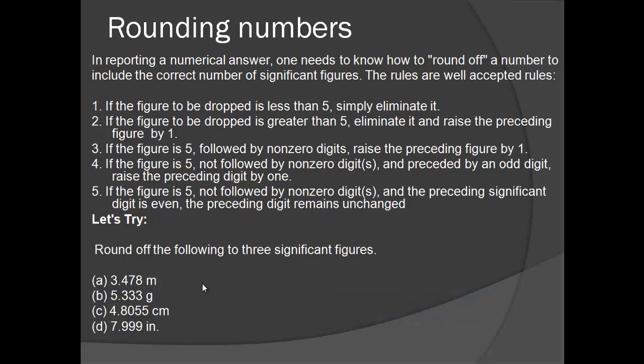Okay, so the number 5 rule is the opposite of that. If the figure is 5 and it's not followed by non-zero digits, and now the preceding digit is even, then that preceding digit remains unchanged. Let's say now my number is 7.0245, and I want to round it off to 4 significant figures.